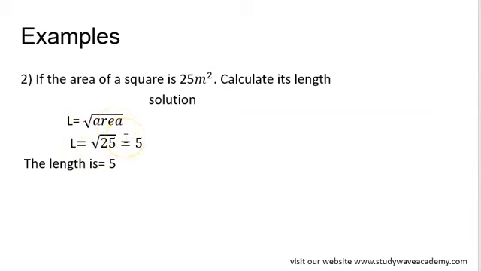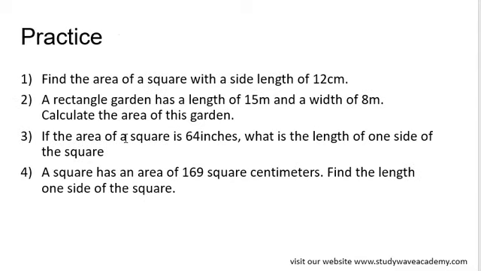good. Now we are to practice more about how to solve the area of our rectangle and the area of our square. We have some practice questions here for you to do. You will refer to the examples to find your answers. Okay, one, find the area of the square with the side length of 12 centimeters.